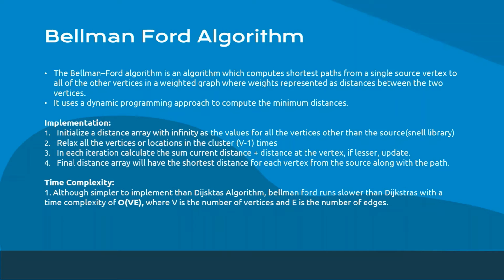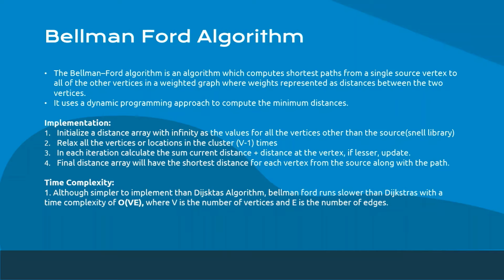Bellman-Ford uses a dynamic programming approach to compute the distances between the vertices. For implementation, we have a distance array which is initially initialized to infinity, except for the source, which is 0. We relax all of the edges one by one, V minus 1 times.